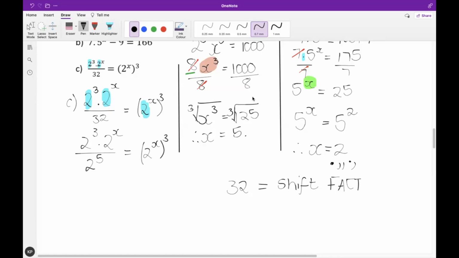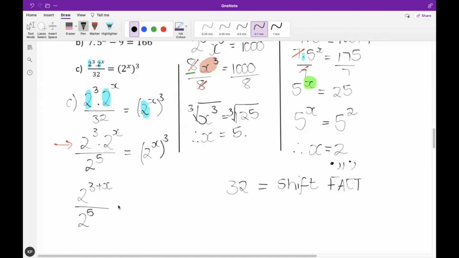When we are multiplying and they have the same base, what do we do with the exponents? We add them. So then in my numerator, I can have 2 to the power of what plus what? Nice. 3 plus x. And this is all over 2 to the power of 5.